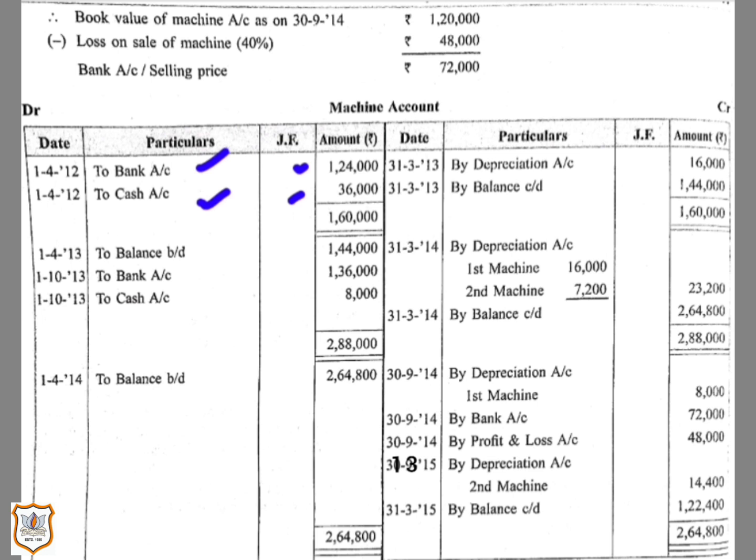Now at the end of this year, we will provide depreciation for this year. That comes to 16,000, as we have calculated earlier. As it reduces the value of the machine, it will be recorded on the credit side of the machine account. Now we will close this, and here we will get the balancing figure. As you can see, the total of the debit side is more, that is 1,60,000.